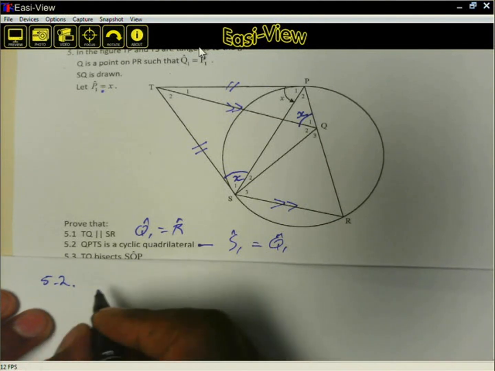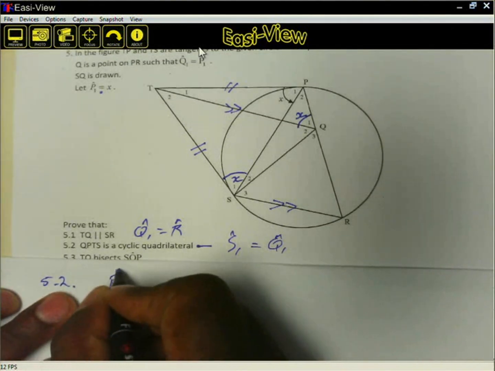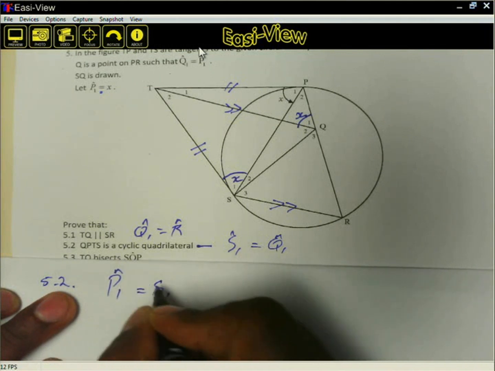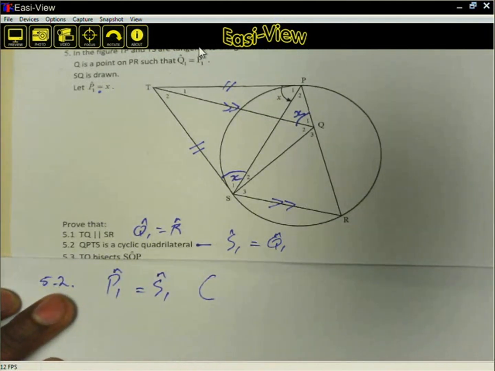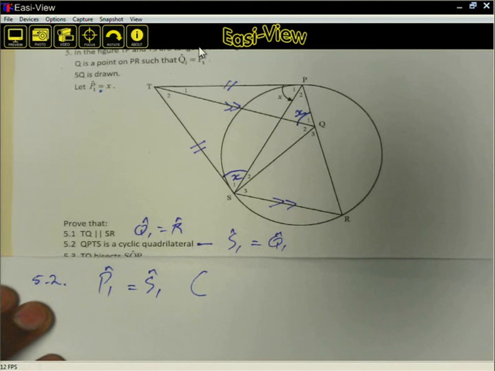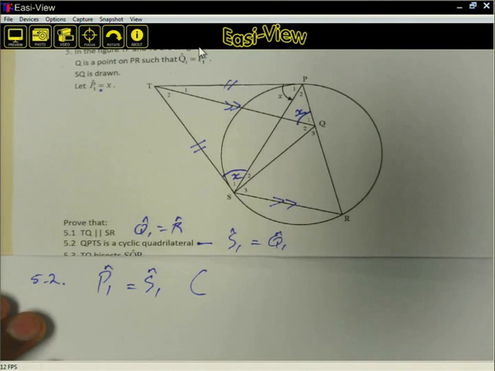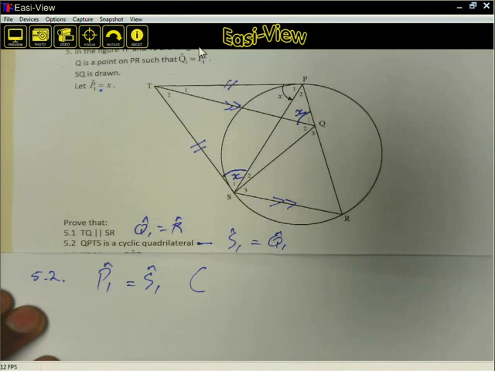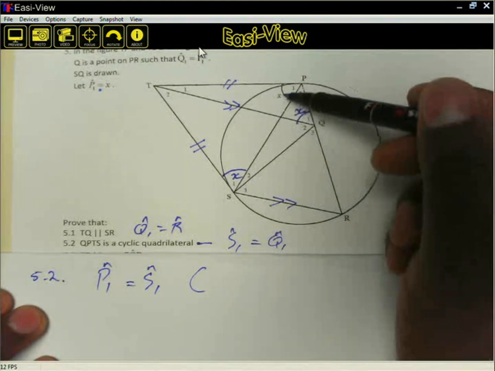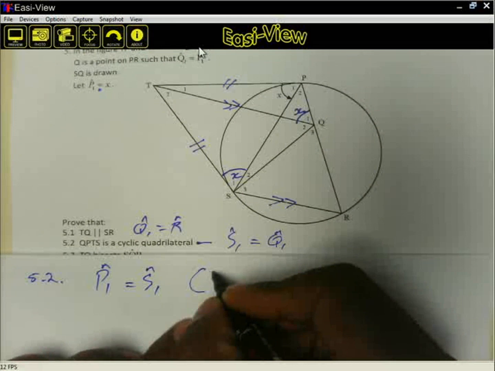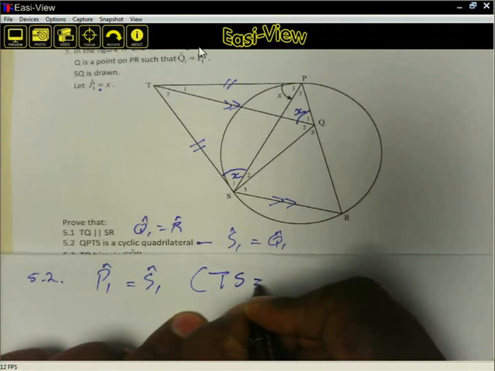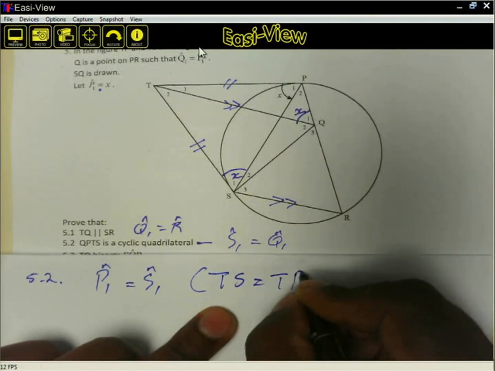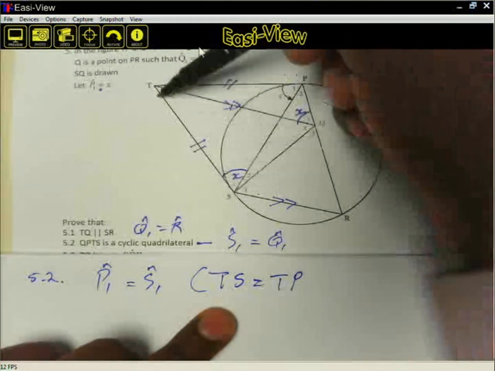Remember, already I said P1 is equal to S1. It's very important to provide appropriate reasons. This is Euclidean geometry, and in Euclidean geometry you need to provide a statement and a reason for your statement. Why do we say P1 is equal to S1? Because TS is equal to TP. Why do I say TS is equal to TP?